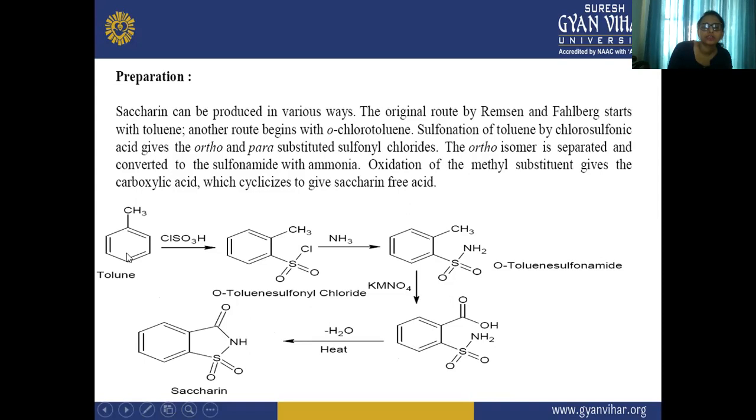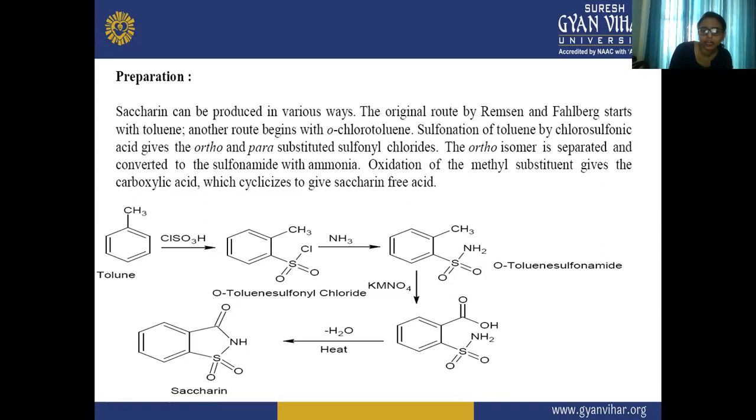So here you can see when toluene is reacting with chlorosulfonic acid, the sulfonation process is occurring. We get o-toluene sulfonyl chloride, which is this SO2Cl. When this o-toluene sulfonyl chloride reacts with ammonia, we get o-toluene sulfonamide, and when it is oxidized, this intermediate is formed.